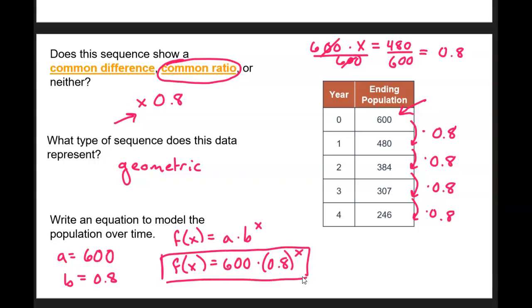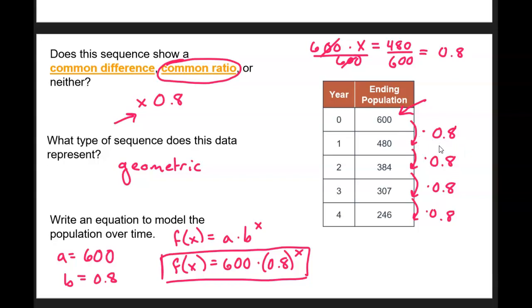Now notice something about this geometric sequence. It is going down, right? 600, 480, 384. It's a decreasing sequence. But our common ratio is not negative. Now it made sense with the arithmetic that it be negative, right? Because we're just subtracting each time, so that would go down. But in a geometric sequence, for it to go down, it doesn't need to be negative.